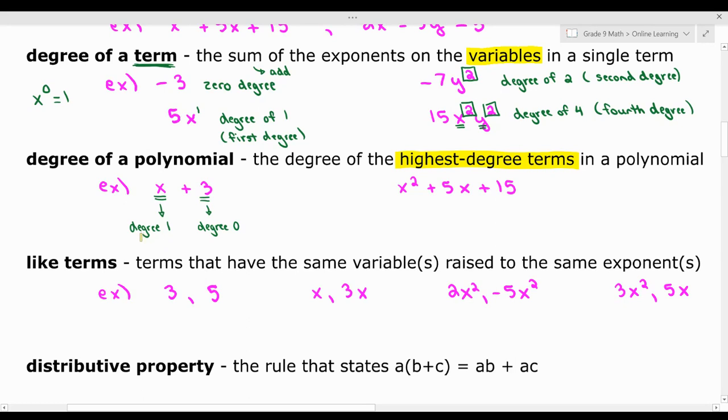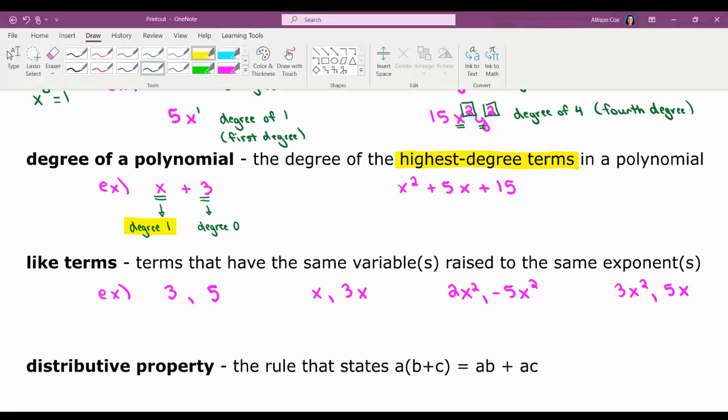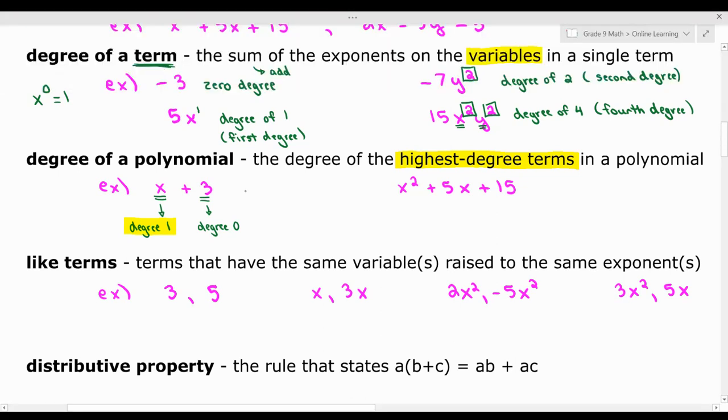So what I'm going to do is I'm going to look. So degree 1 is obviously higher than degree 0. So then by definition we would say, so I'll use my little therefore, this would be considered degree 1. And again, you can say first degree. Okay, so this binomial, it's binomial because there's 2 terms, I would actually say has a degree of 1.